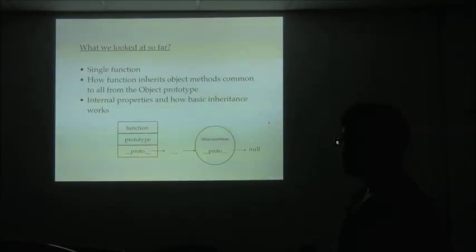Now, according to ECMAScript, all it states is that every function object should ultimately inherit from Object.prototype, but it doesn't say anything in between. So there could be objects in between, and that would vary from one JavaScript engine to another.